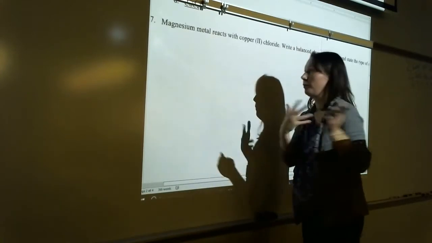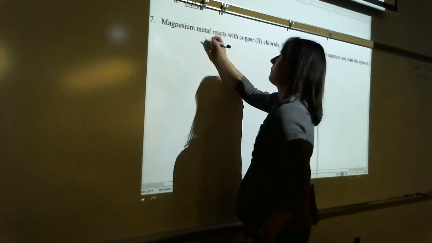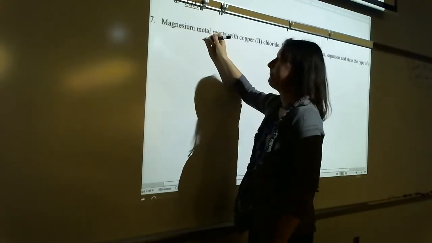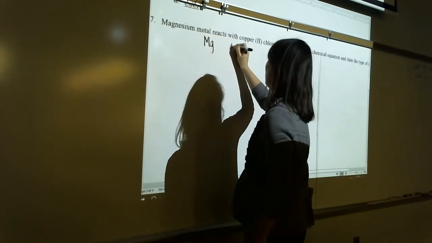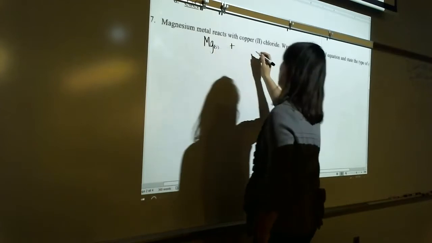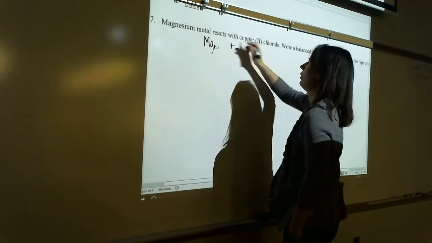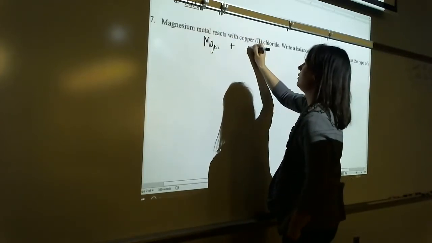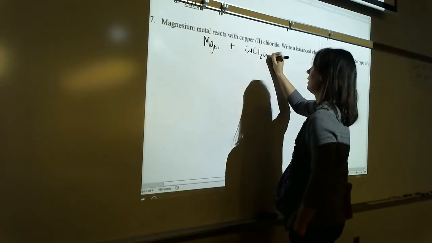It's just straight from the periodic table. What's magnesium's symbol? Mg. Reacts with copper 2 chloride. It's going to be solid. Copper 2 chloride. We just did sulfide, so copper 2 chloride would be Cu what? Cl2. That'd be aqueous.